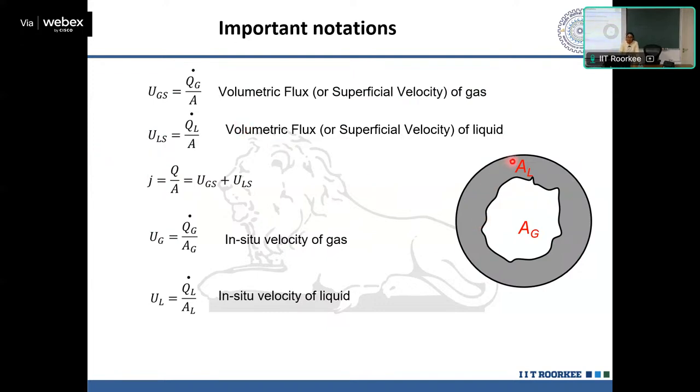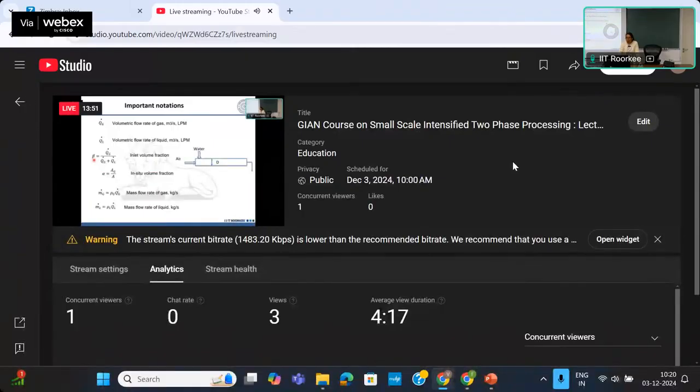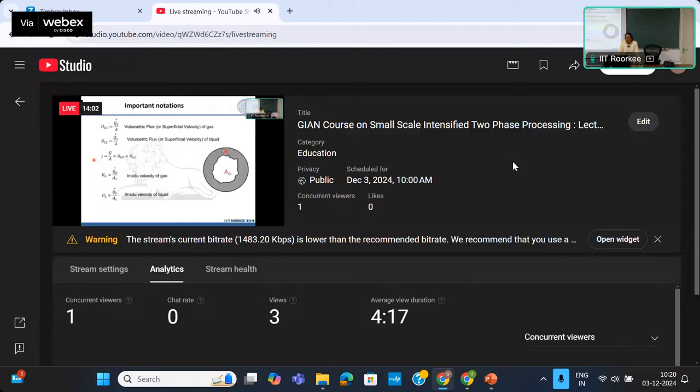Let us assume the slug flow that we observed yesterday. If you want to draw a cross-section of the slug, then probably this white space is occupied by toluene and the rest of the space, the gray space, is occupied by water.